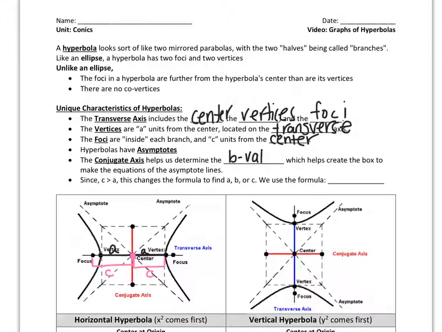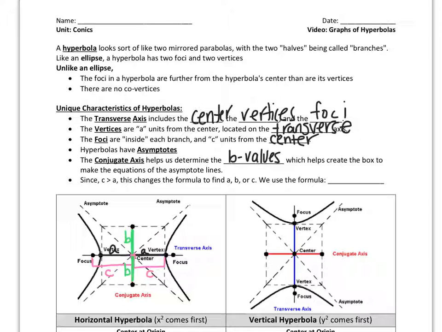Now, on ellipses, our B values were our co-vertices. We don't have co-vertices, but we need a B value. So these two distances are our B's. If you want to label it, from here to here is B, and from here to here is B.